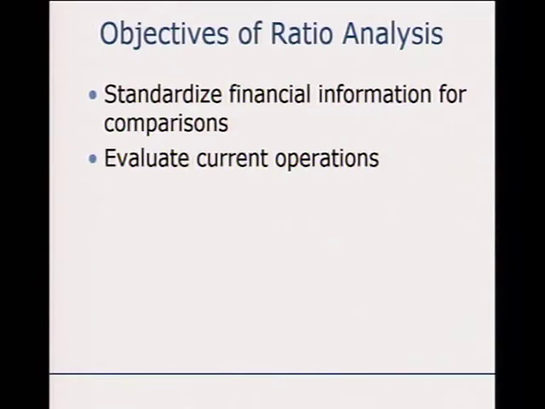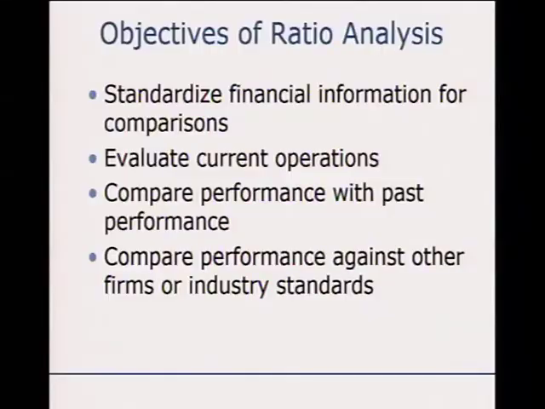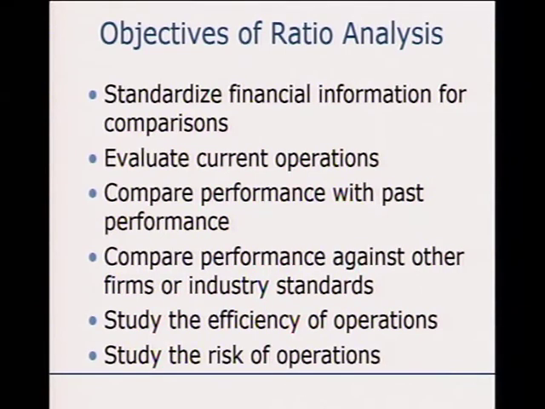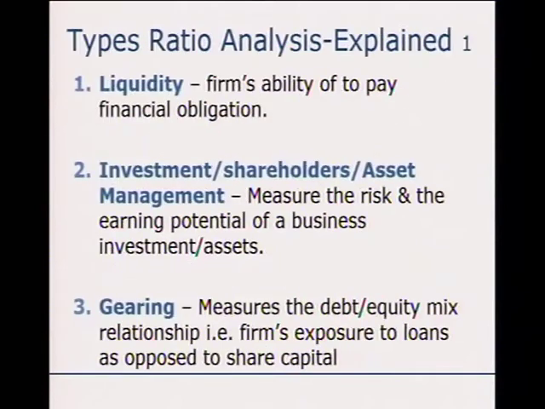This will enable us to know whether our performance this year is better than two years back, is better than last year, and so forth. So it's all about comparing performance so that we know how well we are doing and where we stand. Those are the objectives of ratio analysis: to see the risks we find ourselves in, the efficiency of our activities, and to compare.